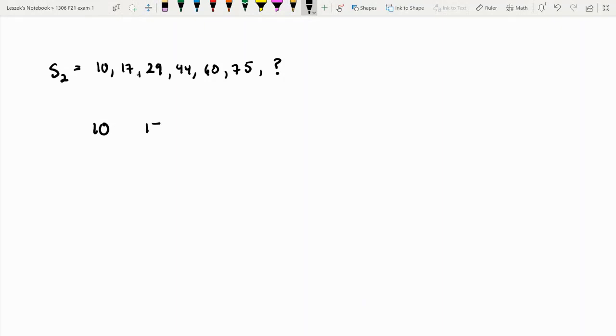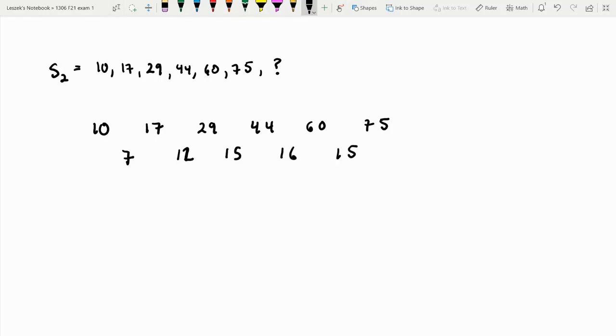So they would state that it's a hidden arithmetic sequence, meaning that if you keep taking differences, eventually you're going to get the differences to be constant. Right, so the difference is 7, 12, sorry, 14, 15.